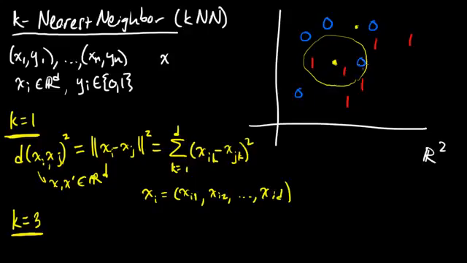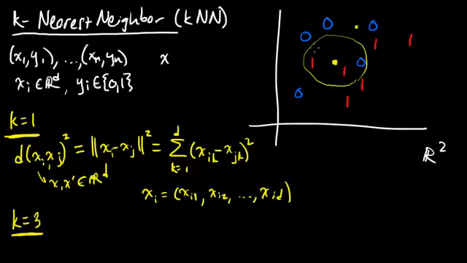Sometimes there could be ties. So let's say we take the smallest ball that contains at least 3 points. There might not be exactly a smallest ball, so we'll make it the smallest closed ball, just to be topologically precise, but you don't need to worry too much about that if you don't know topology.